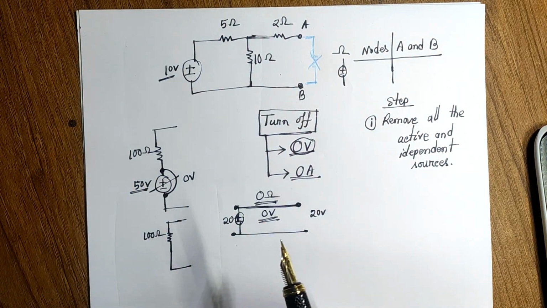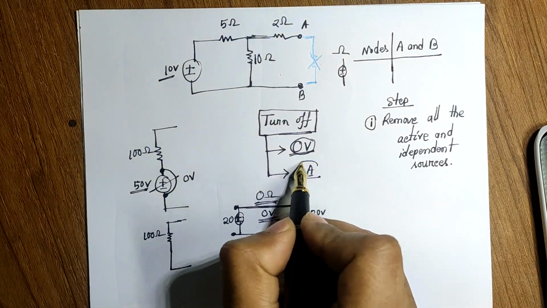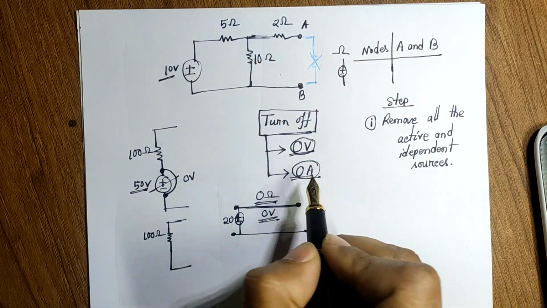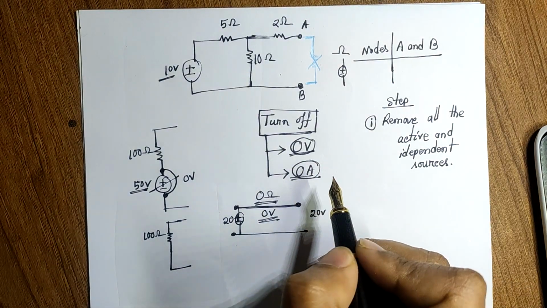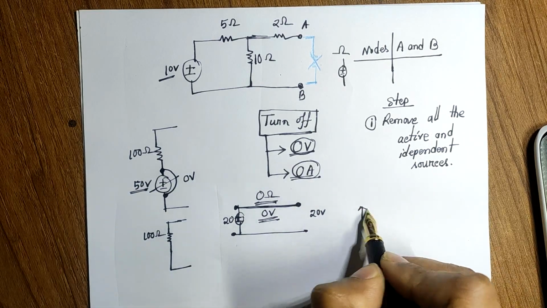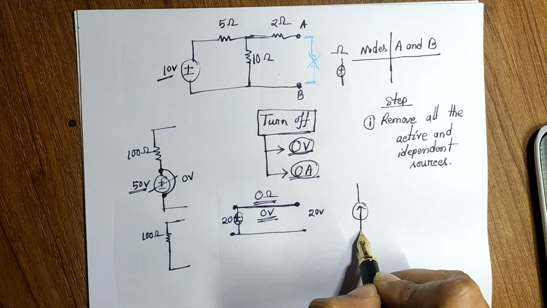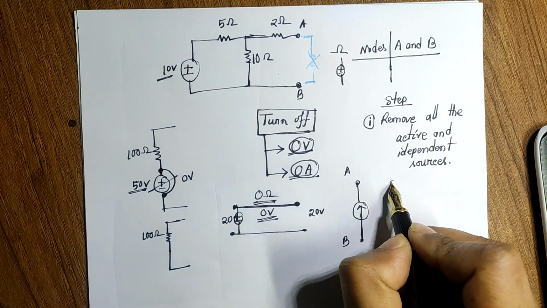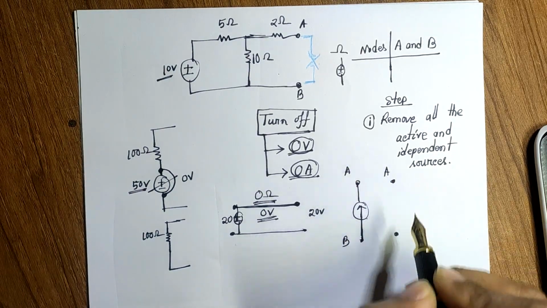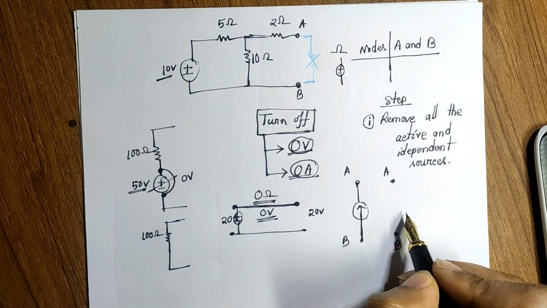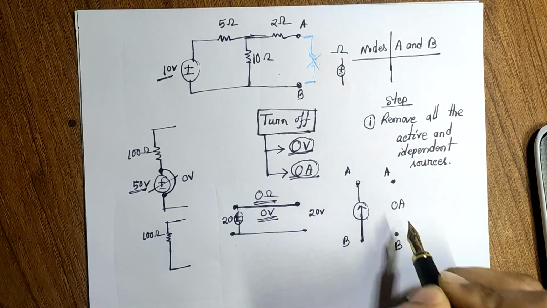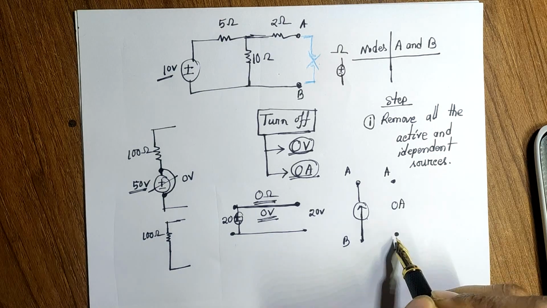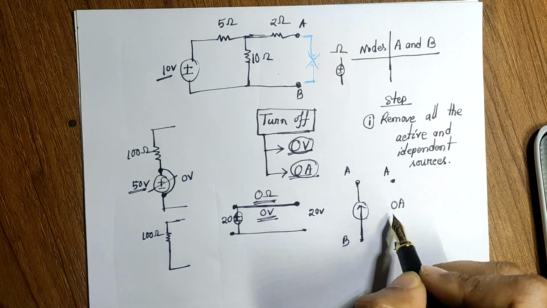So I think you have already guessed what you need to do for a current source. Well, you need to make it an open circuit. That means if there is a current source anywhere, say this is terminal A, this is terminal B, you just have to remove that thing, which means you just open circuit to get a 0 ampere current, because since there is no connection between A and B, there will be no current flowing through here, right?